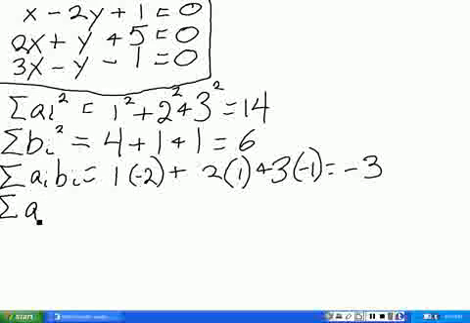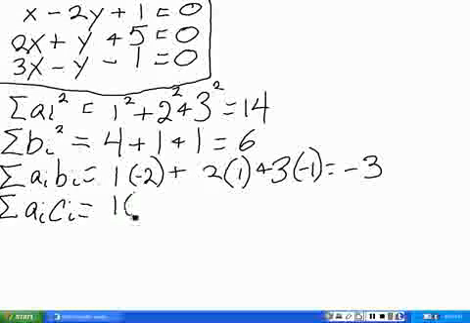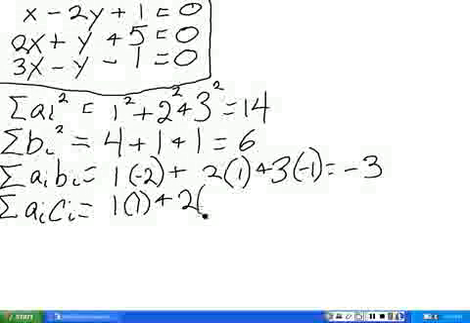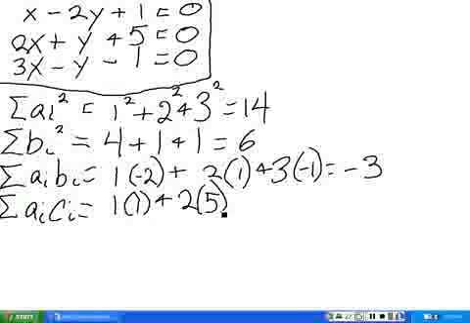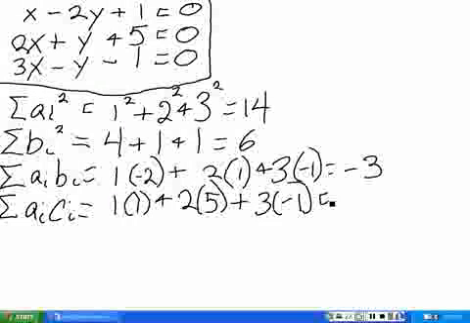I'm going to also need the ai ci's, so that's going to be 1 times 1 plus 2 times 5 plus 3 times minus 1. So this is going to be 11 minus 3, which brings me to 8.